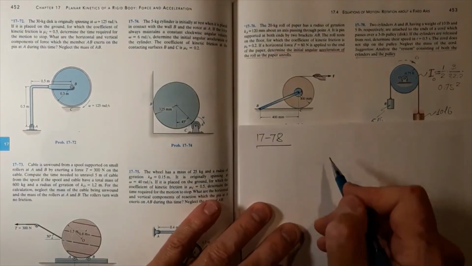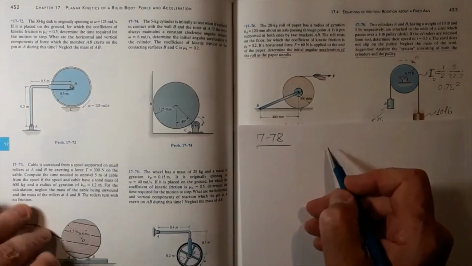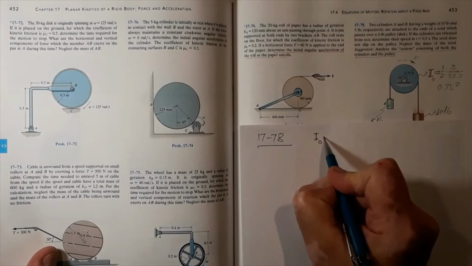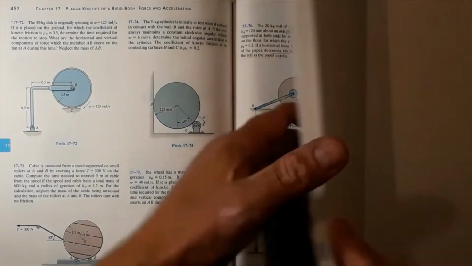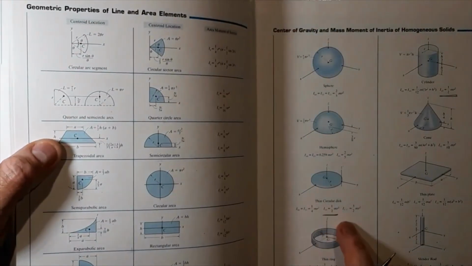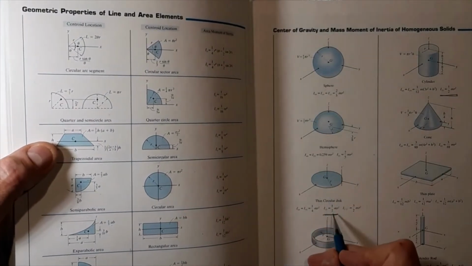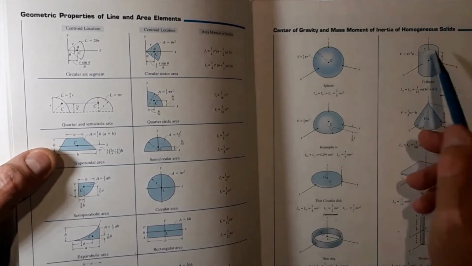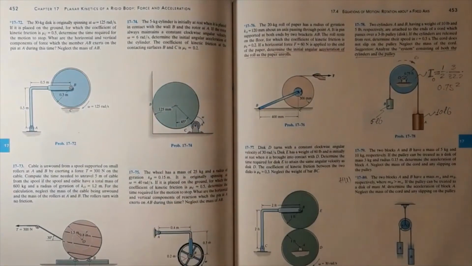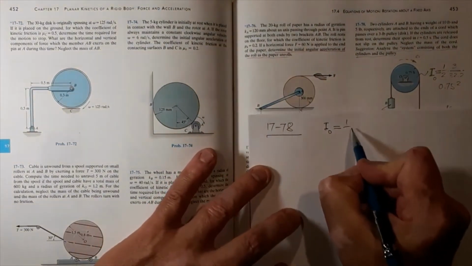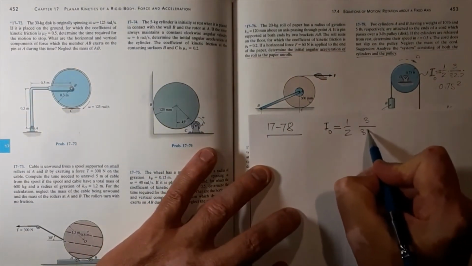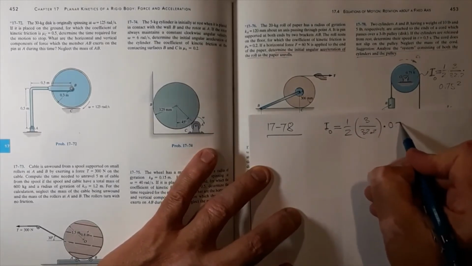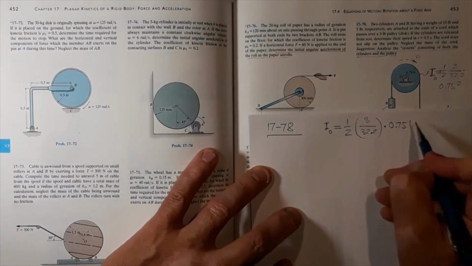So first, the mass moment of inertia of the disk. The information is available at the back of the book. So you either consider a thin circular disk, moment of inertia about z through the centroid is 1/2 mr squared, or a cylinder, mass moment of inertia about the z-axis and the longitudinal axis is 1/2 mr squared. So in our case, it will be 1/2 times the mass in slugs, 3 pounds over 32.2, times the radius 0.75 squared.